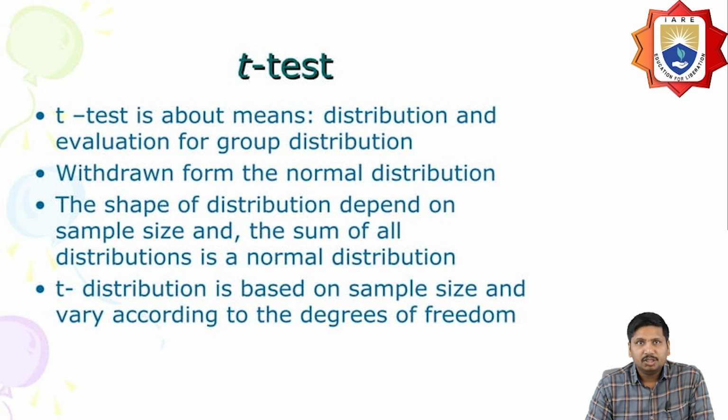So that should be the distribution and evaluation for the group distribution, and it has to be drawn from a normal distribution. The shape of the distribution depends on the sample size, and the sum of all the distributions is a normal distribution.